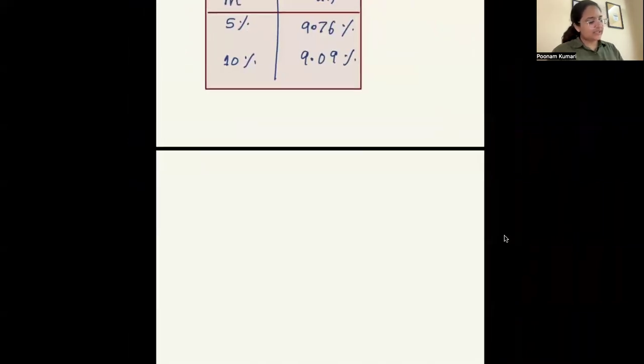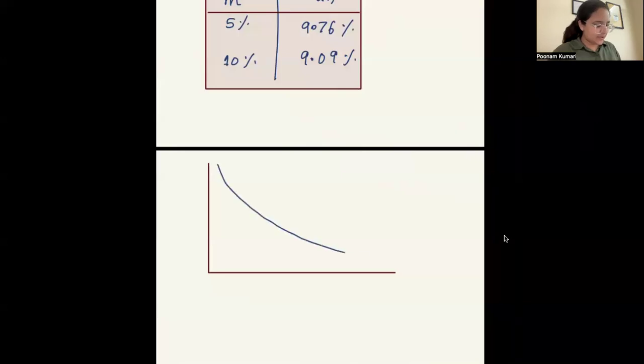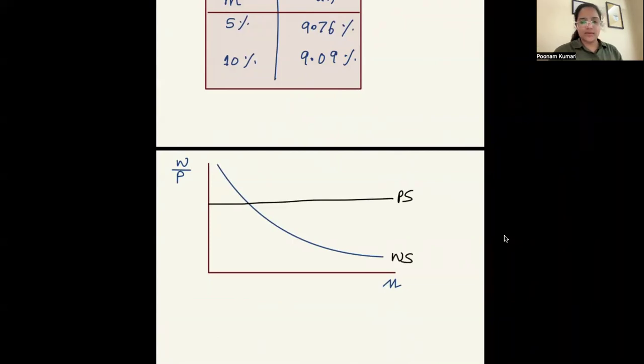If I try to see this graphically, my wage setting relation was this only. This is U and this is W by P. So when my markup was 5%, let's say my price setting was this. When your markup increased, what happened to your real wages? Will your price setting go this side or this side? Downwards.